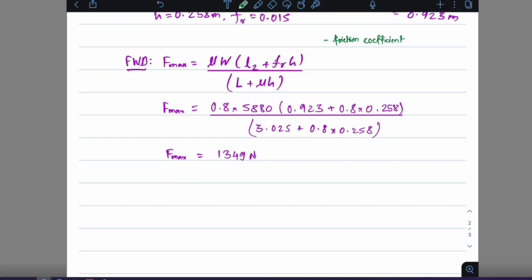Then it depends on the vehicle attributes, such as center of gravity position, denoted by L1, L2, and H, and another attribute is the weight of the vehicle.